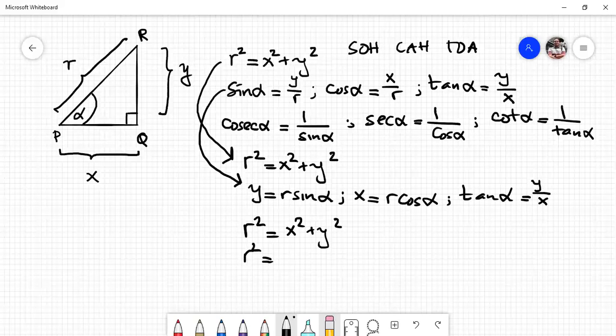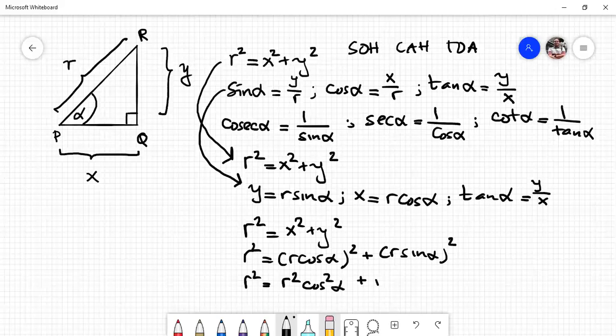So X here, I substitute with this, so this becomes (R cos alpha) squared, and Y becomes (R sine alpha) squared, outside of the bracket. So we simplify this: this becomes R squared cosine squared alpha plus R squared times sine squared alpha.